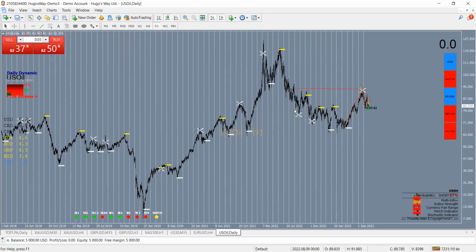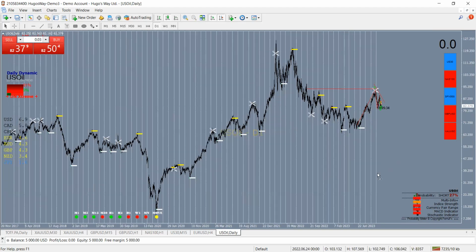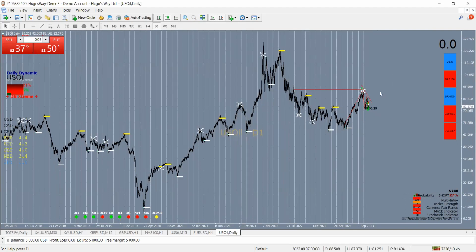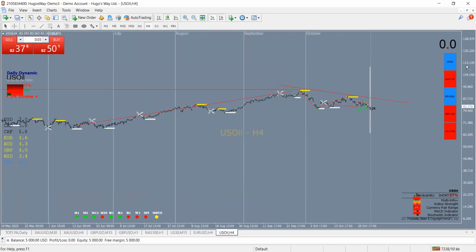So this is lower low, lower highs, but this is still a downtrend. We're still trending down, right? So, you have to understand what you're looking at overall too, so you can get that direction.